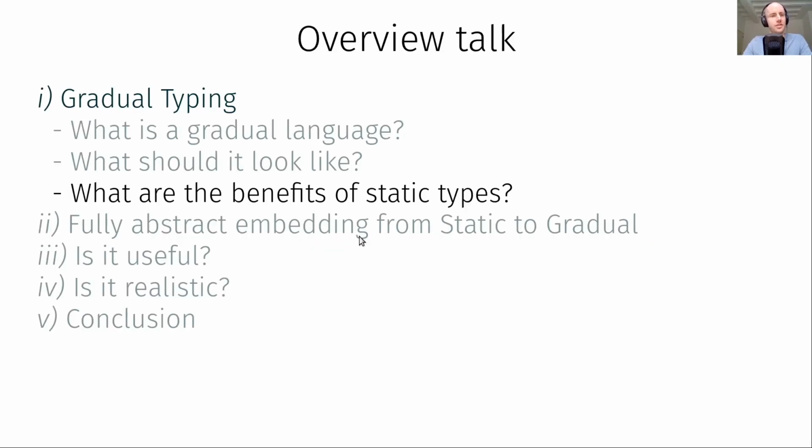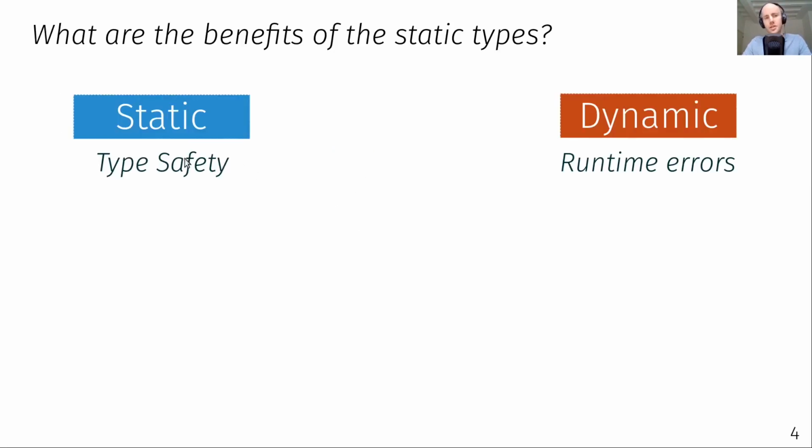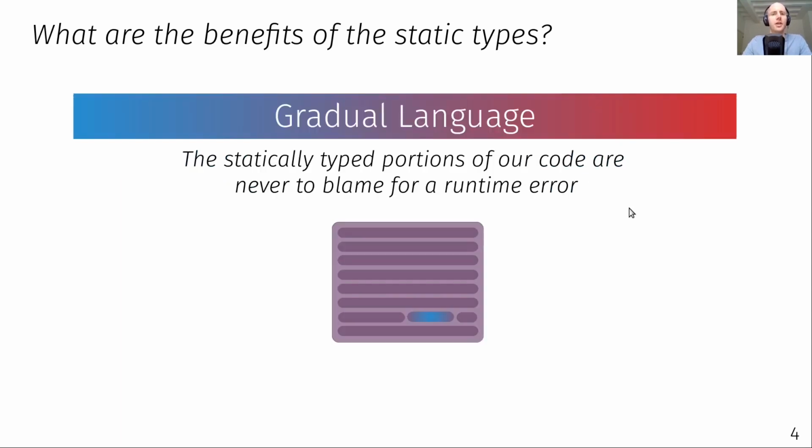Of course, this raises the question, what are these benefits exactly? So at least one of them should be type safety. In a static language, you've got type safety, while in a dynamic language, you just get runtime errors. So in a gradual language, you want to enjoy the benefits of type safety in a statically typed portion. You can phrase this as: the statically typed portions of your code are never to blame for a runtime error.